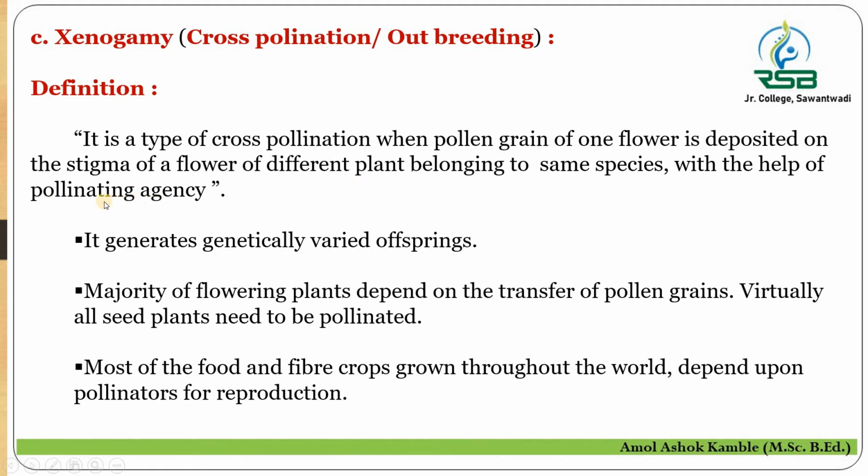And in this process of xenogamy, the pollen grains are transferred from one flower to the stigma of a flower of a different plant belonging to the same species using pollinating agents, and it has the ability to generate genetically varied offspring. The xenogamy process is the most economically important mechanism, as it develops varieties of plants enriched in food category and in fiber crops.